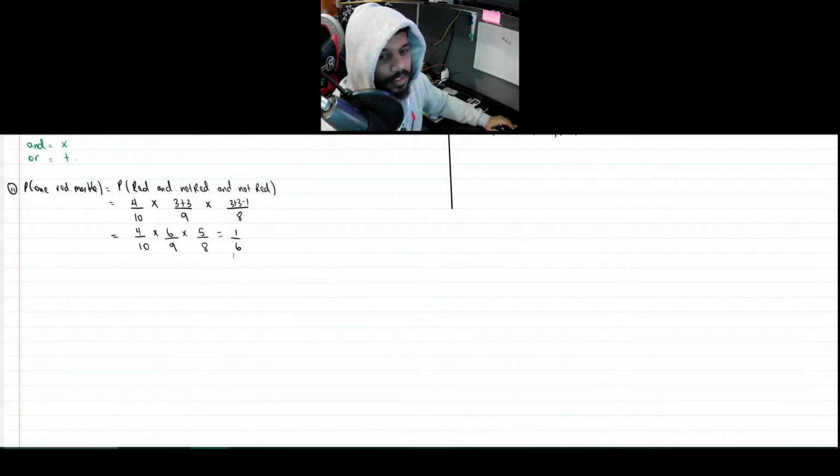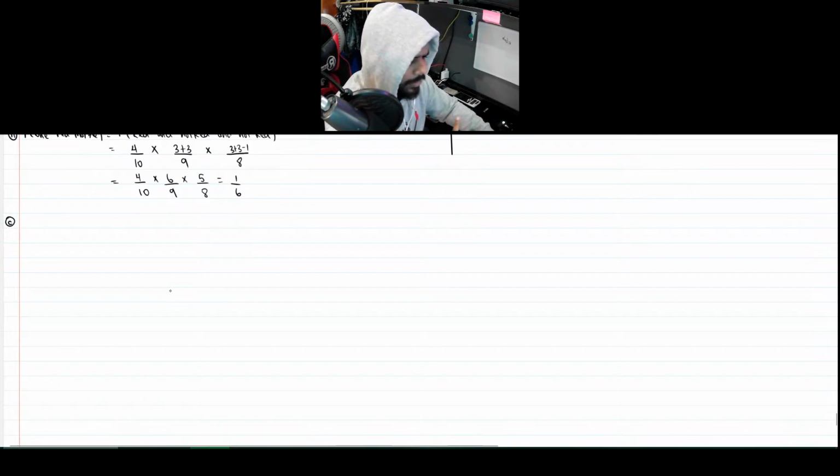Tree diagrams are easy peasy lemon squeezy. So this is part C. Now, I recommend when you're constructing a tree diagram, give yourself enough space. So start in the middle here. We go with the trunk, then a middle branch. This will symbolize one of the taxis.